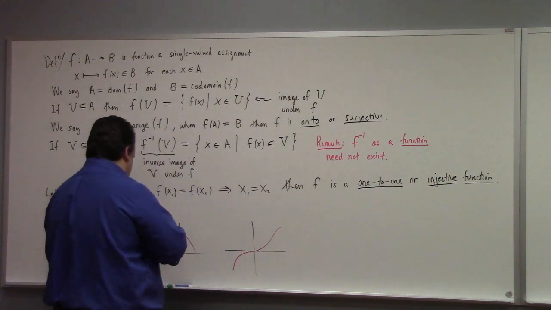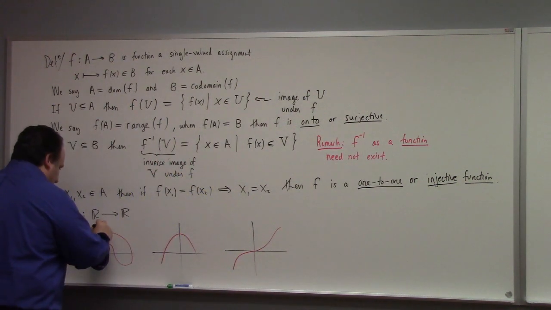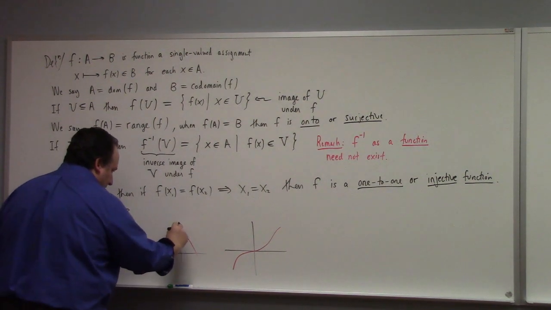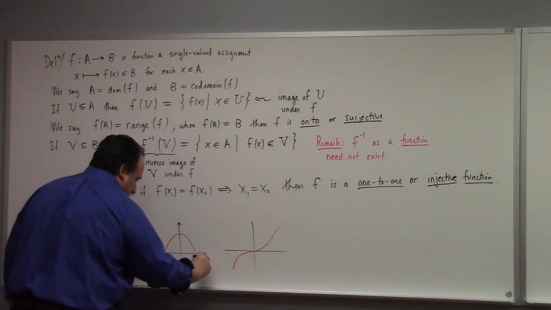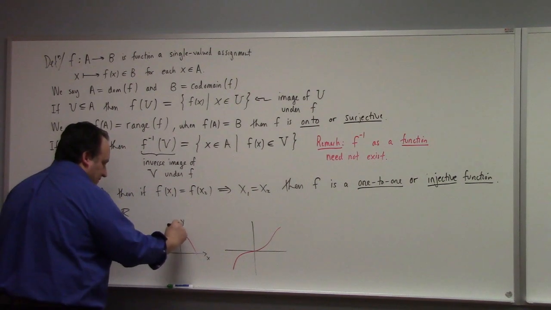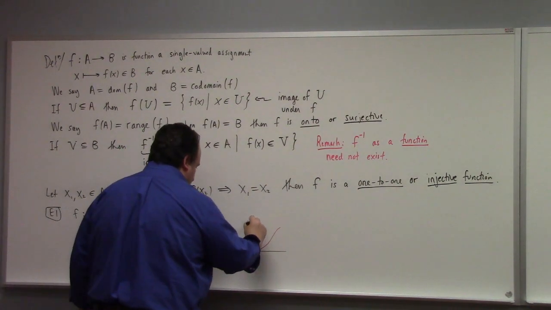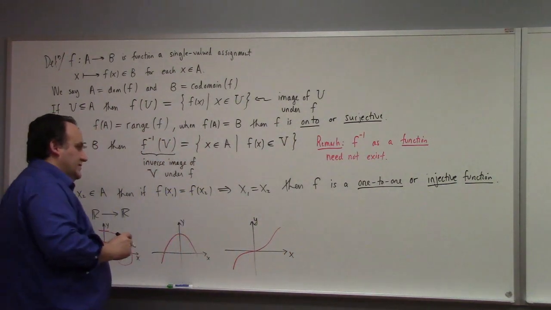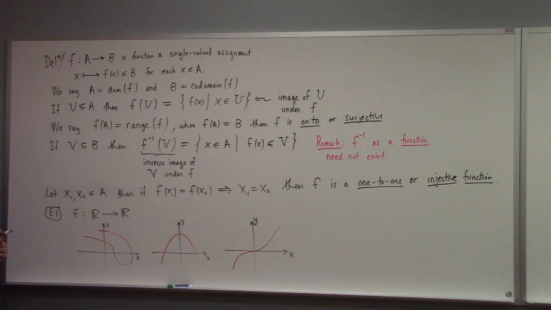In each case, I'm giving you a curve, which might be the graph of a function. So my question is: is it the graph of a function? And if so, is that function one-to-one? So what's the answer for the first one?